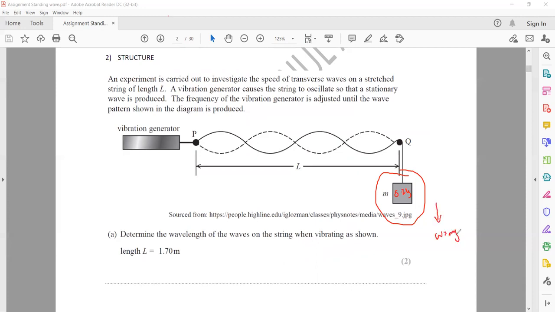W is equal to mg, and that weight will be equal to the tension in the string. So it will be 0.2 multiplied by 9.81. This will give us the tension in the string, which will come out as 1.96. So the tension in the string is 1.96 newtons. And the value for the mass per unit length is already given in the question.